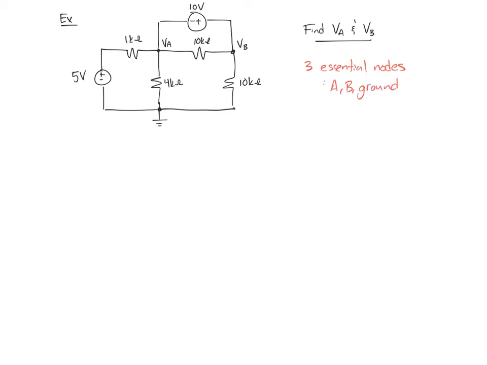Okay, so first order guesstimate would be we need two KCL expressions at A and B in order to solve. But I also want to note that nodal voltage VB can be described in terms of nodal voltage VA.